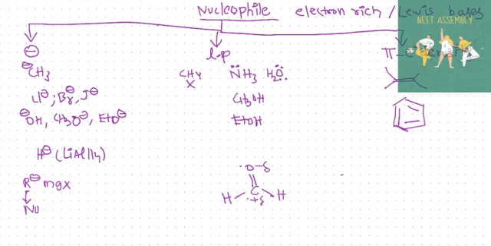If we write one more example, here nitrogen has a lone pair. Carbon is an electrophilic site and nitrogen is a nucleophilic site. These types of reagents contain both an electrophilic site and a nucleophilic site.